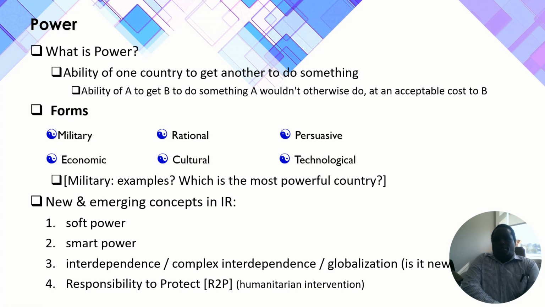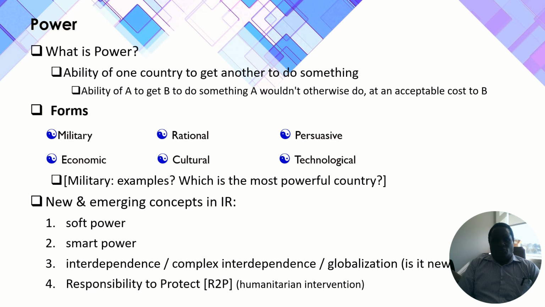In terms of the precise definition, which is probably more conceptual, it is the ability of A to get B to do something they wouldn't otherwise do at an acceptable cost to them.